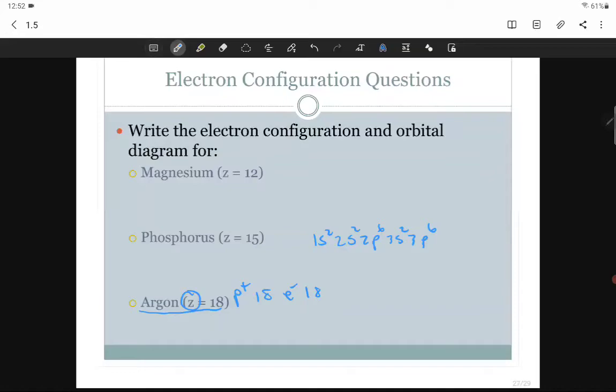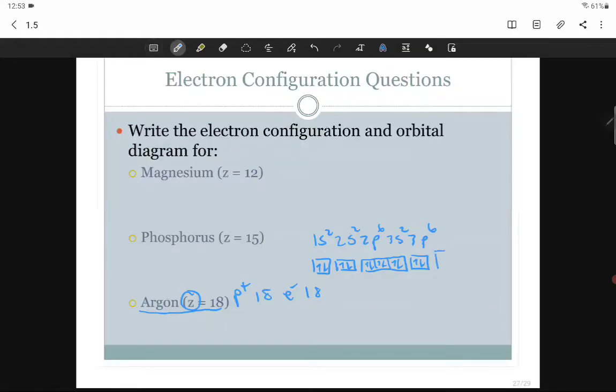And then if you were going to do the orbital diagrams, you just have to add in the boxes. Remember that S's have one box, can hold 2 electrons. P's have 3 boxes, and they can hold 6 electrons. I'm just doing half arrows. That's fairly typical there. And then 3s2.